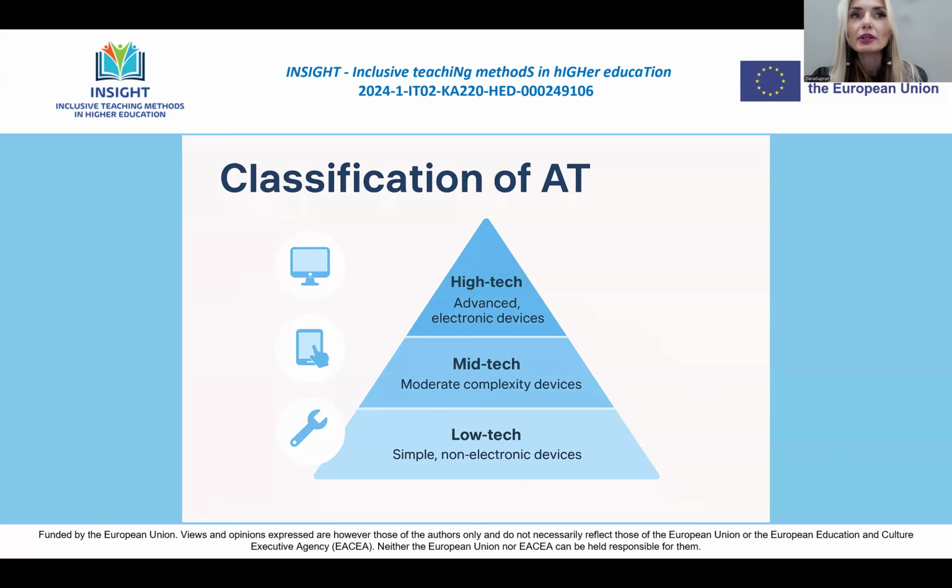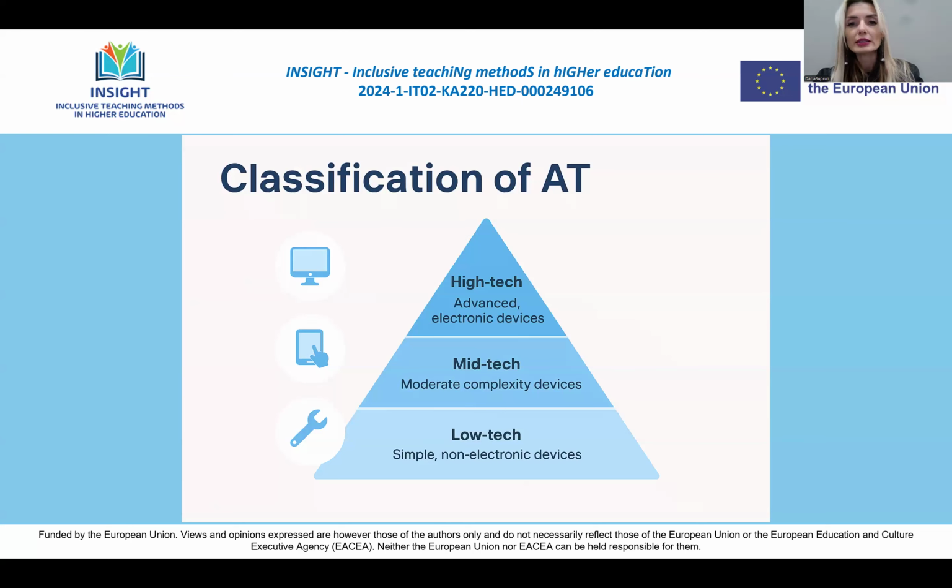Medium tech: moderate complexity devices, includes electronic devices that perform a specific function but have limited customization options. Examples include audio players for listening to educational materials, calculators with large buttons or adapted computer mice. High-tech: complex electronic and digital systems that use software, artificial intelligence, or other technology.